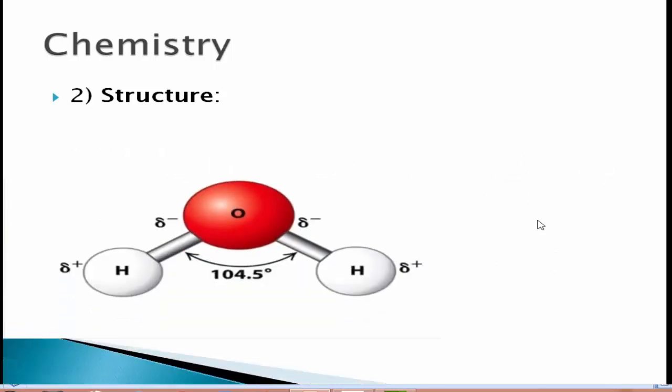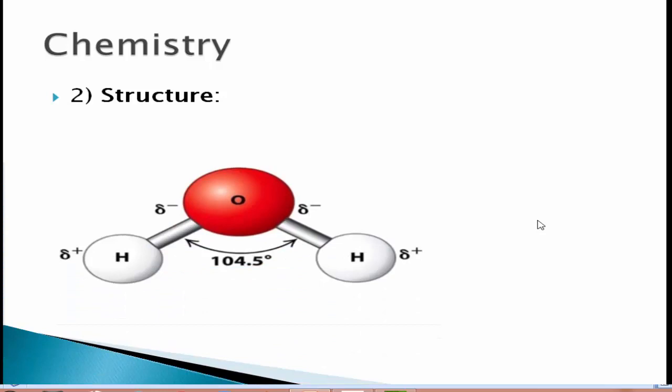And we can see here the structure of water. It is a bent molecule in which the central oxygen atom is linked with two terminal hydrogen atoms, and between oxygen and each hydrogen atom a covalent bond is present. Covalent bond means sharing of electrons, and this is the second part of the definition, that is structure elucidation.